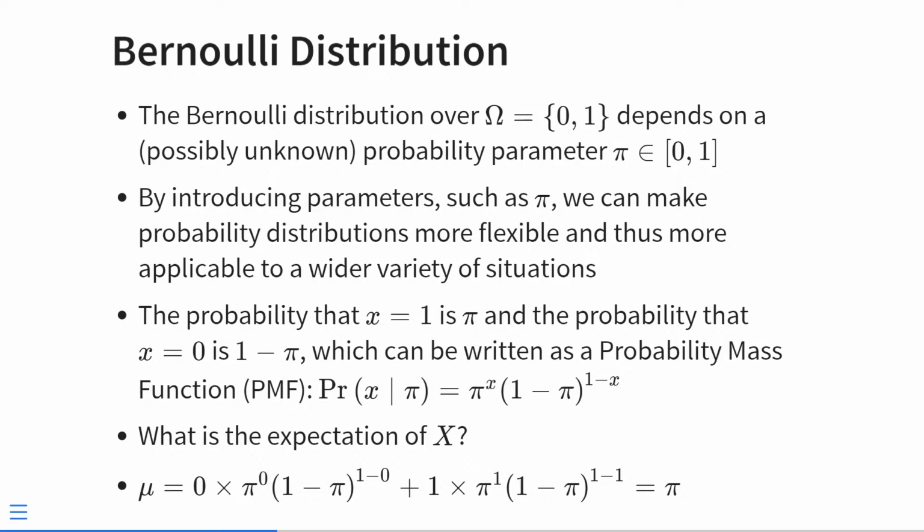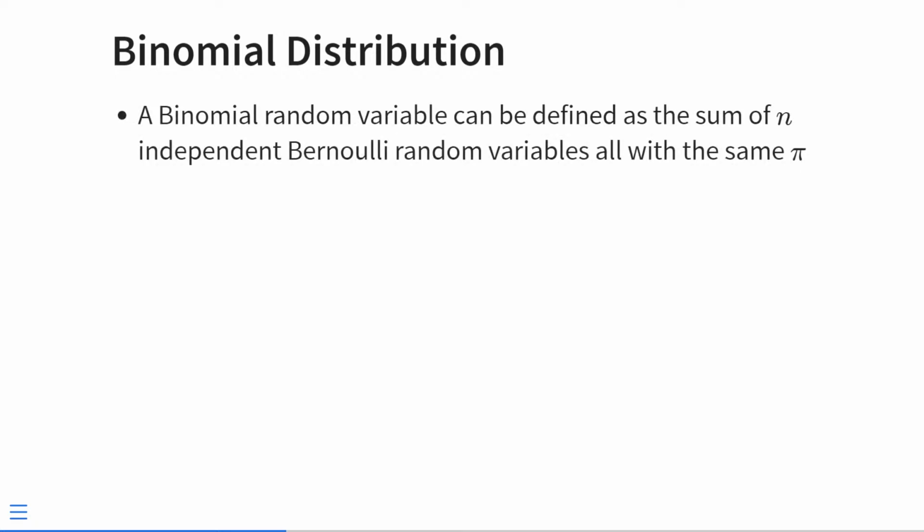Bernoulli random variables. Next, we want to talk about the binomial distribution. So a binomial random variable can be defined as the sum of n independent Bernoulli random variables that all have the same success probability. Like we talked about last time, a random variable is a function.